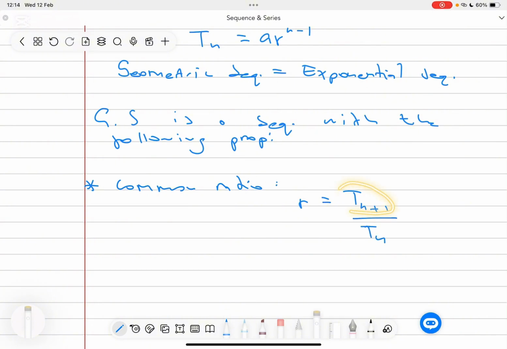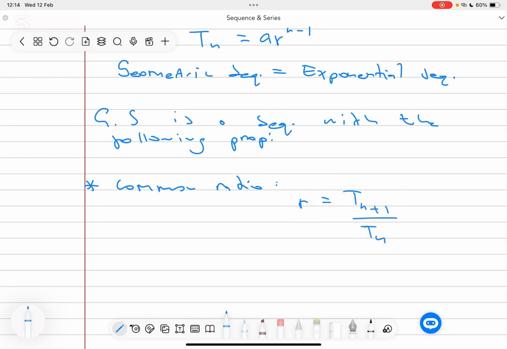Remember, t(n+1) is the next term, and tn is the previous term. So we're saying here that if you take the next term and divide by the previous term, you should get a constant ratio.